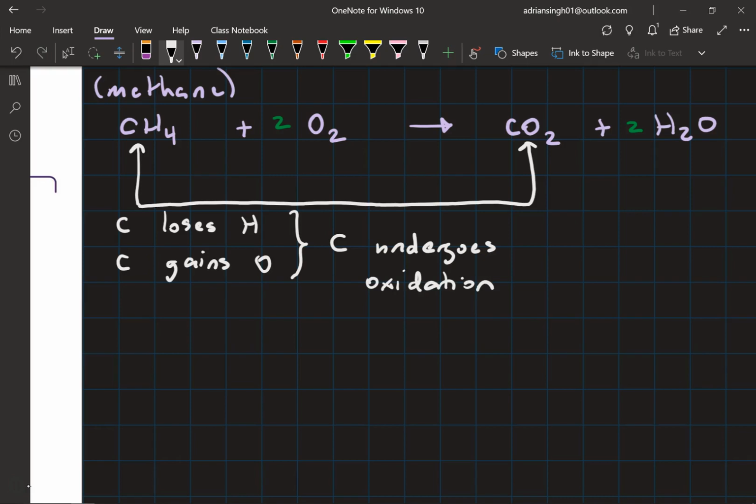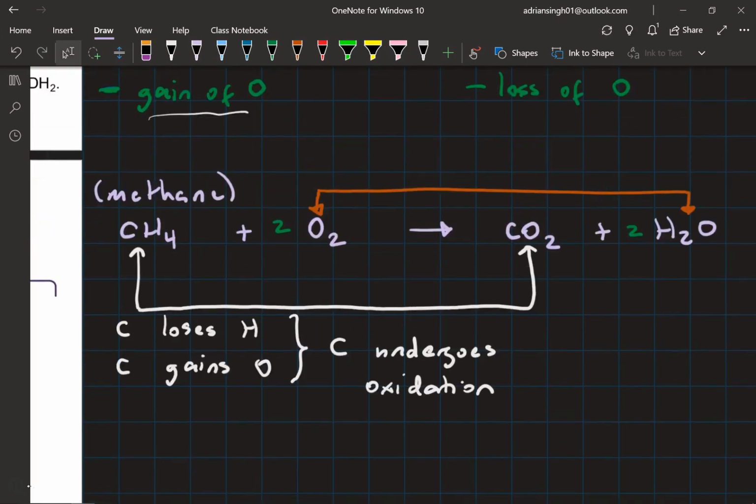All right, you can also see the hydrogen itself goes from being with carbon, and on the right side it ends up being attached to oxygen. Now, if you look at the oxygen itself, this O here is by itself to begin with, and at the end, right, we end up attaching it to hydrogen.